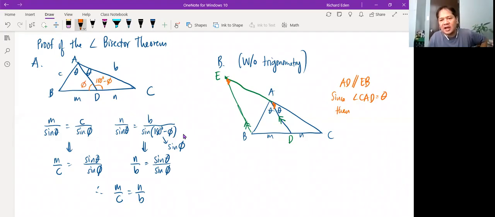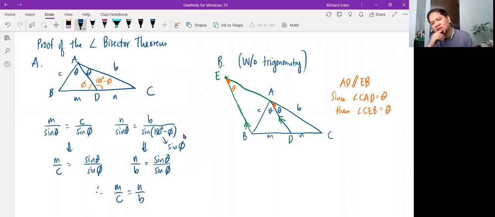So angle CEB is also going to be equal to theta. Let's write down the next. This is C, this is B, and I've already written down M and N.